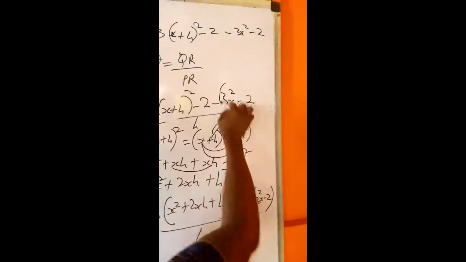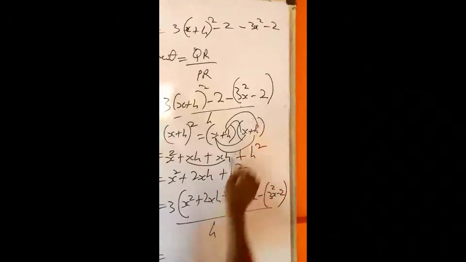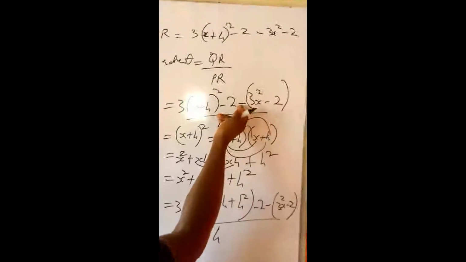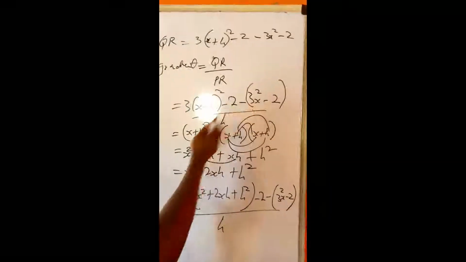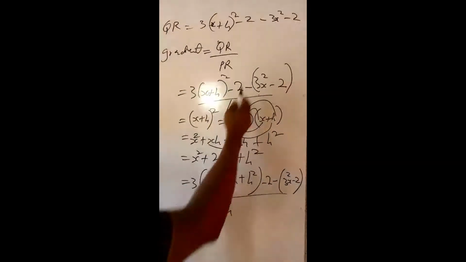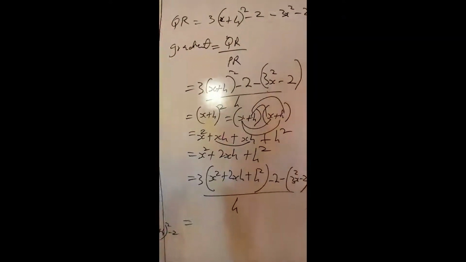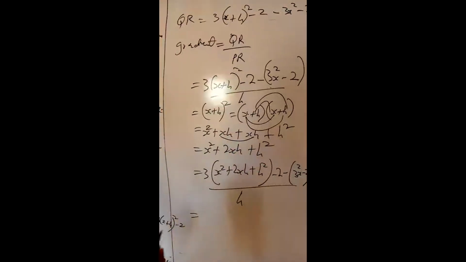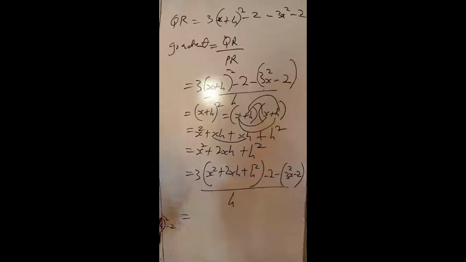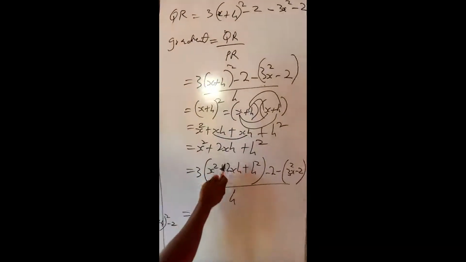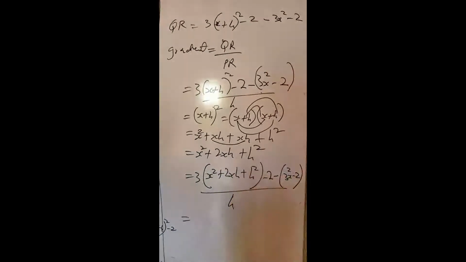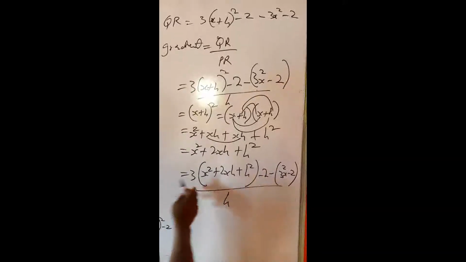So it is better we put a bracket here so that we know that this negative sign is going to affect all the characters in the bracket. So that is why we now have 3 into x squared plus 2xh plus h squared in the bracket, because of this 3.